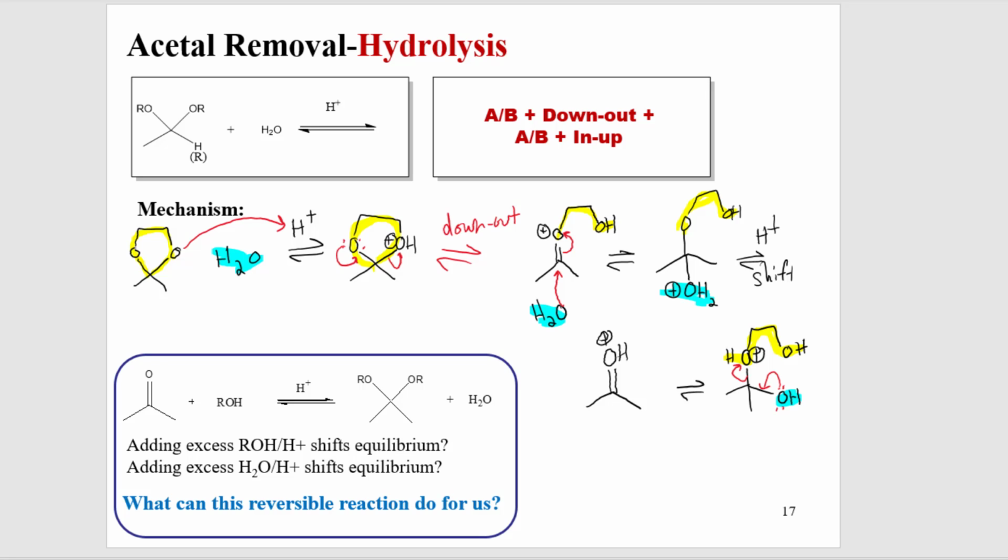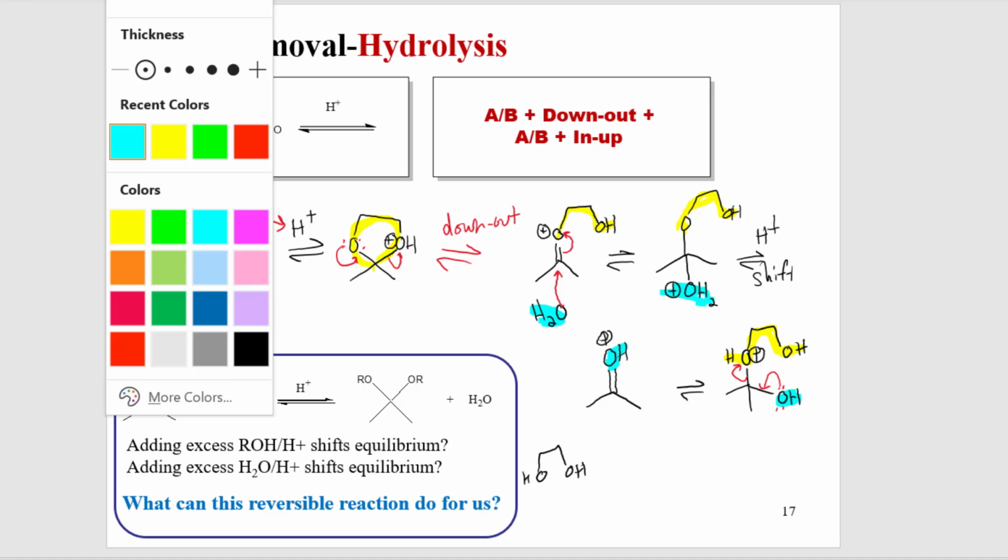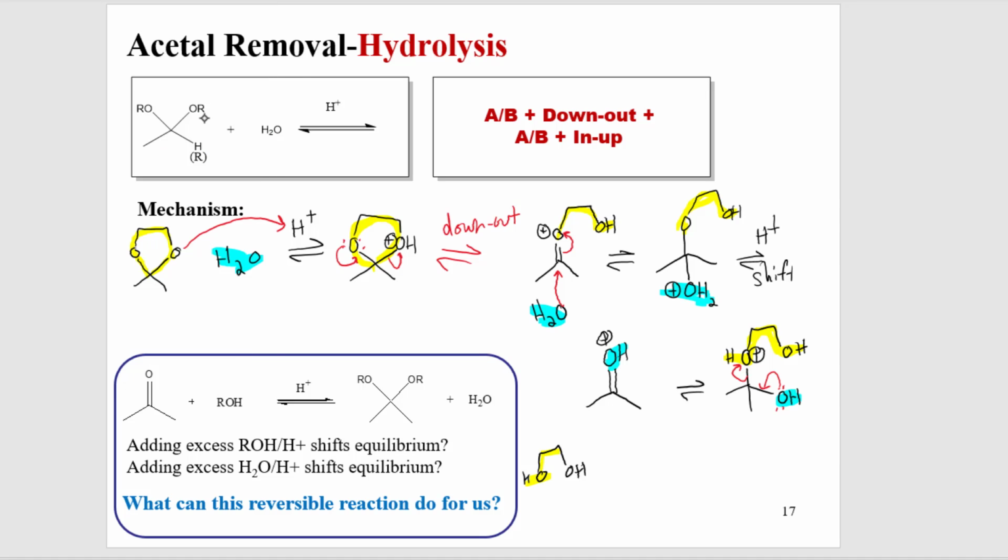And we've now put our water on. We've thrown off our ethylene glycol, our protecting group. Now this is cheap. Ethylene glycol is pretty cheap. And we just work it up to remove the extra acid, right?